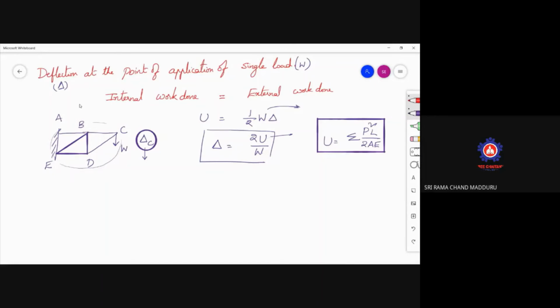As this frame is a pin jointed perfect frame, it will be subjected to only axial forces, either tension or compression. They will not be subjected to any bending. That's why the strain energy stored in each bar element is P squared L by 2AE.